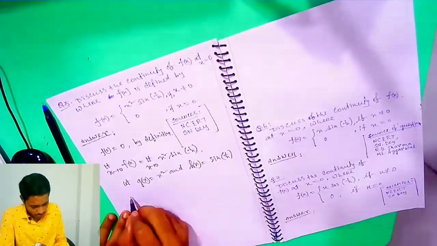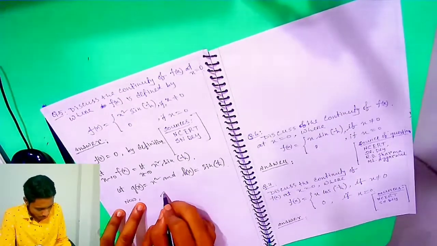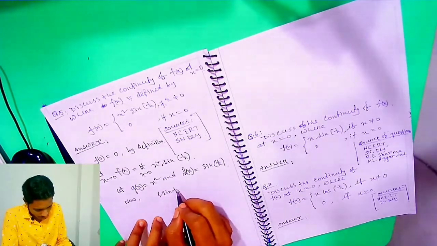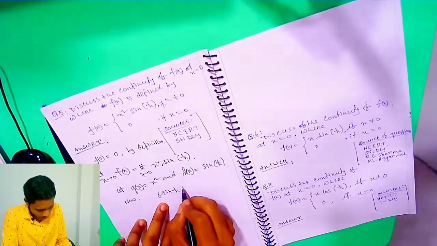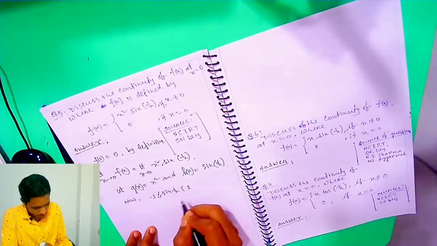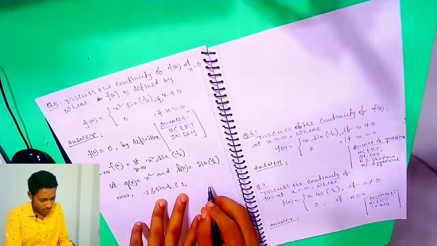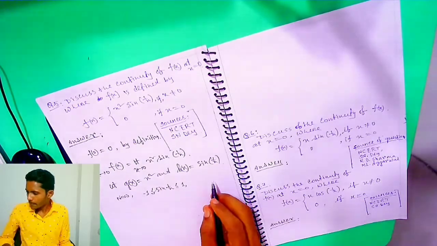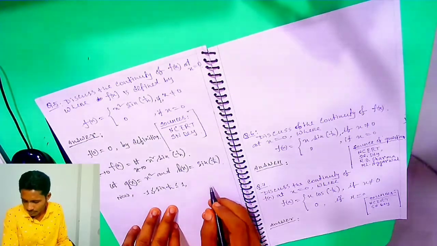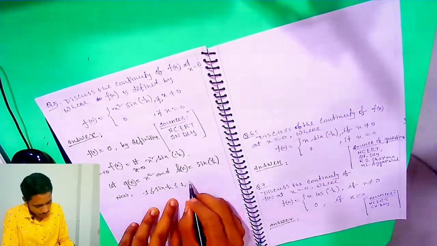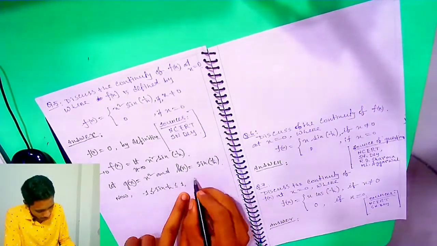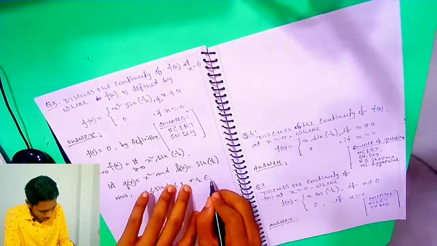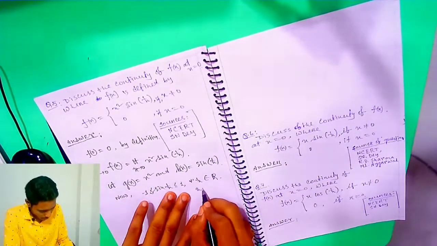Now sine 1 by x always lies between -1 to 1, for all 1 by x belongs to real numbers and x not equal to 0.